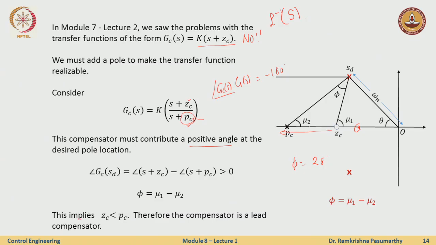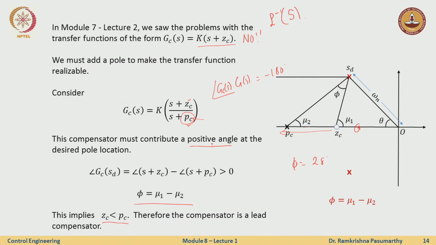So the first conclusion, before we go further, is that I cannot have only a ZC, I need to place a pole. Where do I need to place the pole? To the left of the 0, because of the positive angle condition.